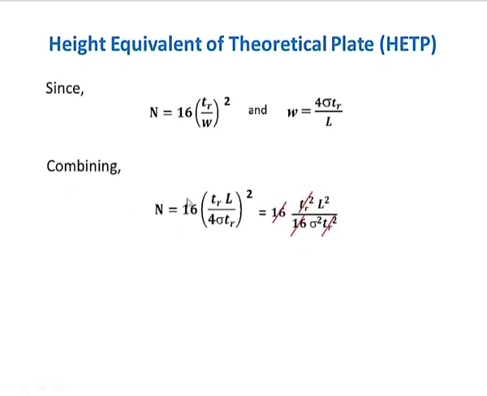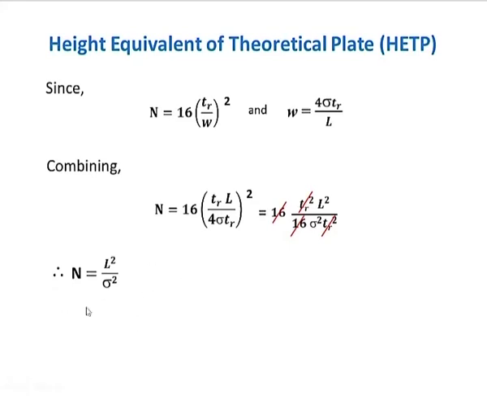We would get 16 Tr square L square upon 16 sigma square Tr square. Now, the 16 and Tr square will strike out, and what you are left with is n equals L square upon sigma square.